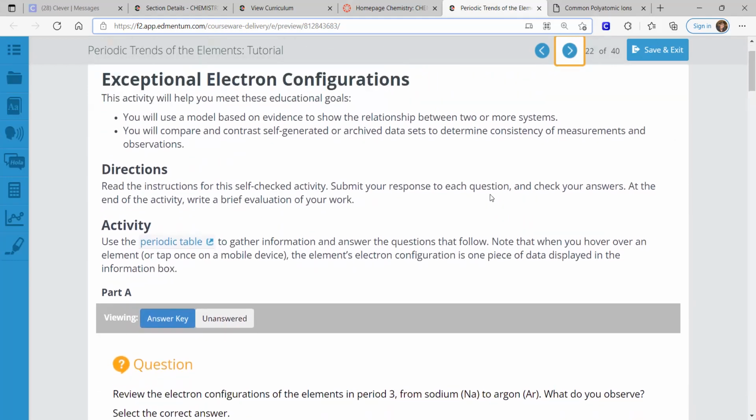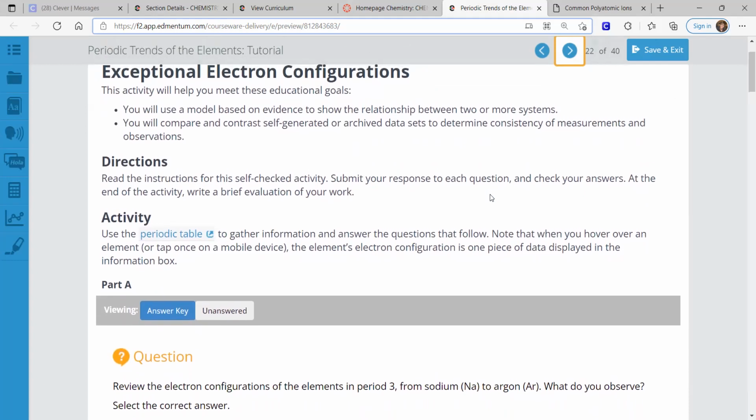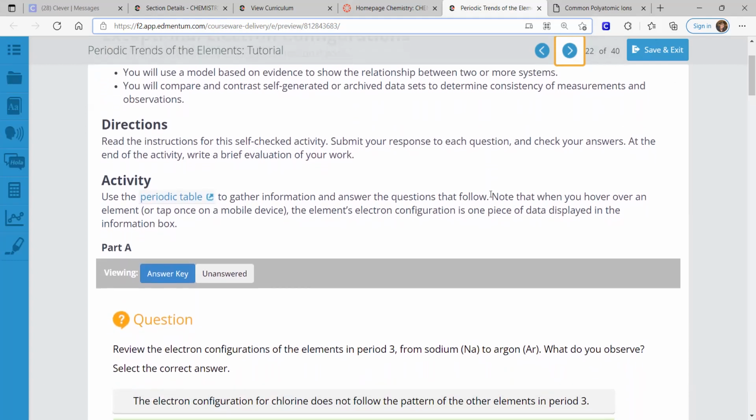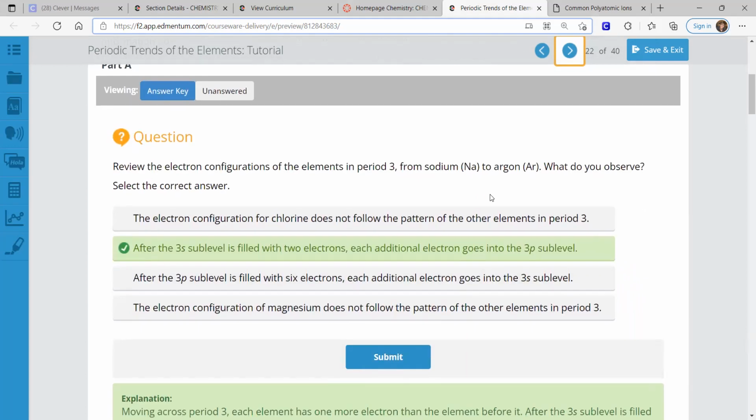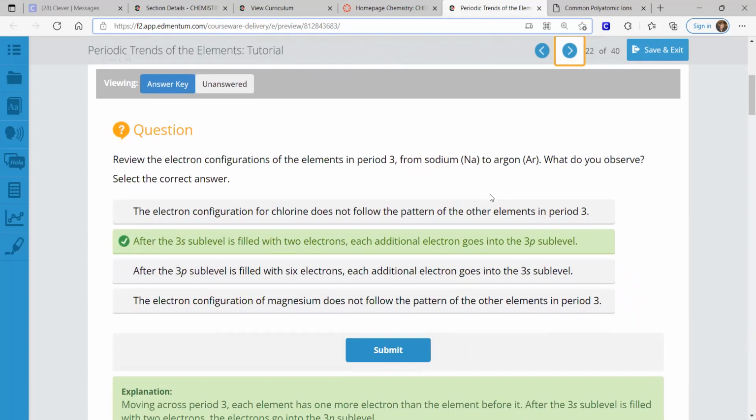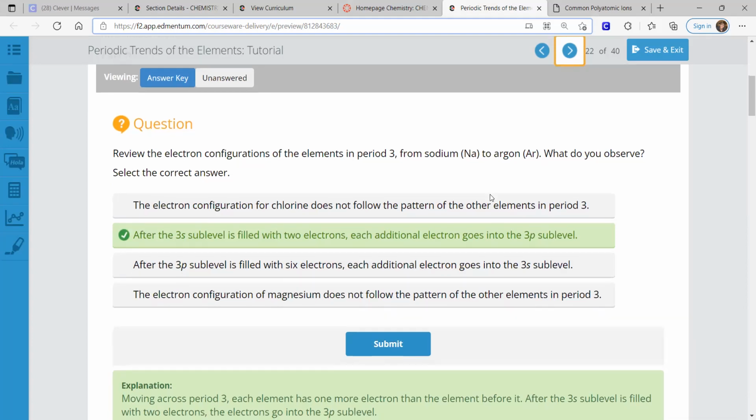And now we have the lesson activity, exceptional electron configurations. Review the electron configurations of the elements in period 3 from sodium to argon. What do you observe? After the 3s sublevel is filled with 2 electrons, each additional electron goes into the 3p sublevel. Yes, that is true.